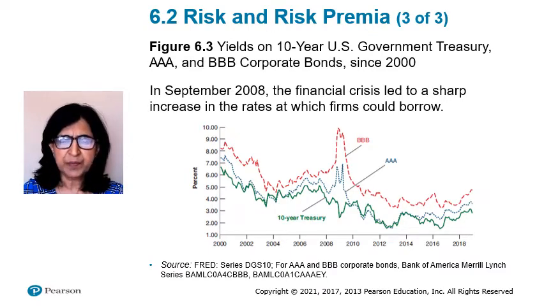You can see how the risk premium affects market rates of interest. It illustrates the impact of risk premia on the interest rates at which different organizations could borrow. In September 2008, the financial crisis led to a sharp increase in the rates at which firms could borrow.